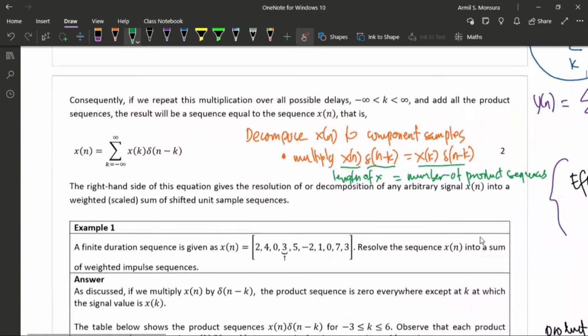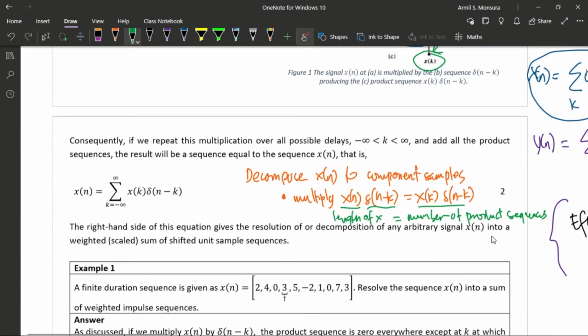Now, the second question is, how do we now go back? Ang antonym ng decompose natin is synthesis.